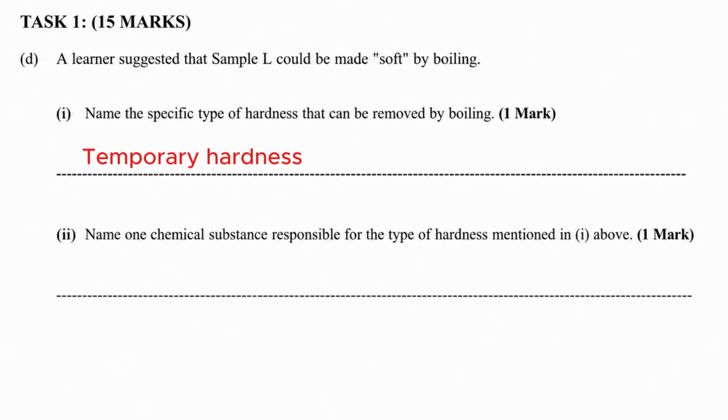And then question D2 says name one chemical substance responsible for the type of hardness mentioned in 1 above. Now, one substance causing temporary hardness, you are supposed to name it. One of it I'll give you, it is calcium hydrogen carbonate. Calcium hydrogen carbonate is one of those substances that cause temporary hardness, and it can be easily removed by boiling.